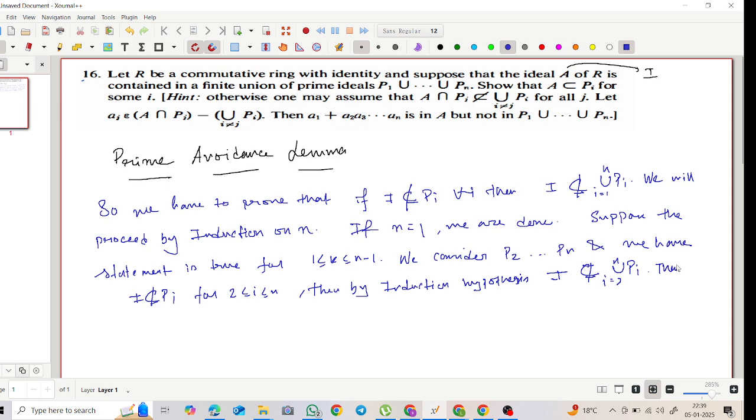Then there exists xi belonging to I such that xi is not inside the union of Pi, i running from 2 to n.